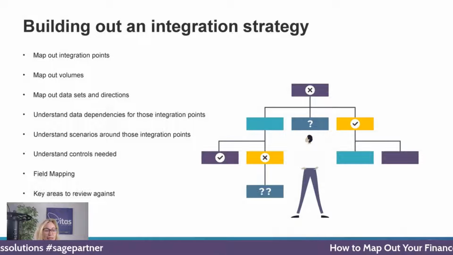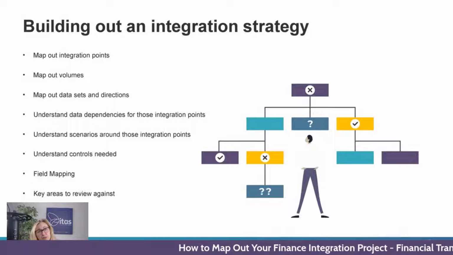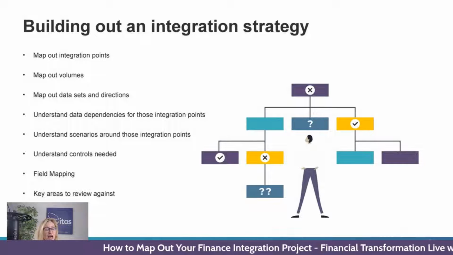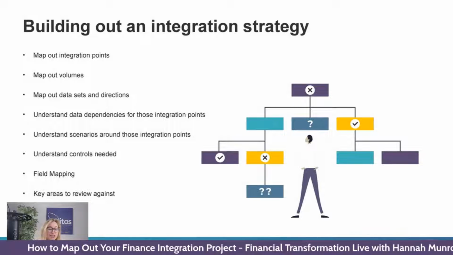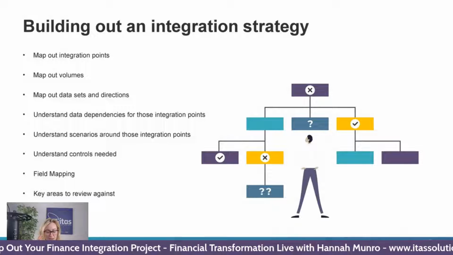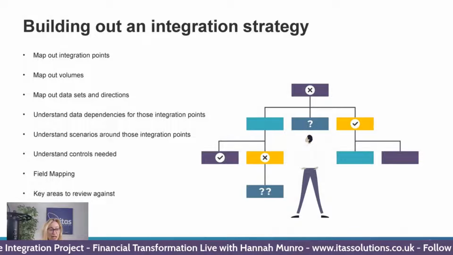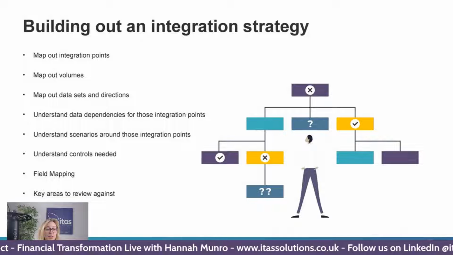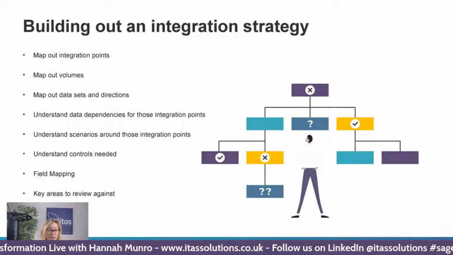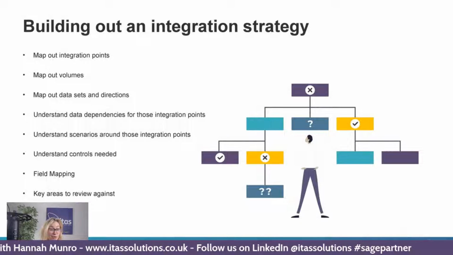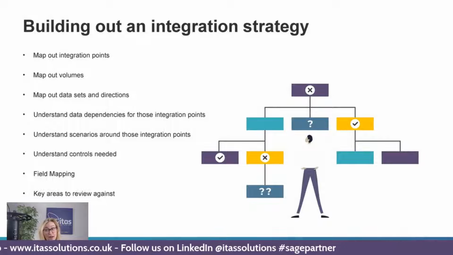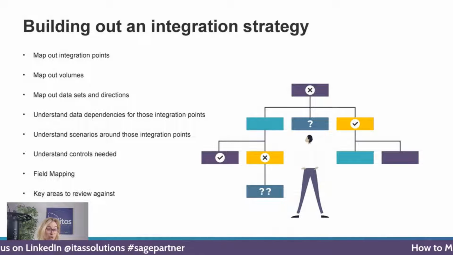So let's talk about this. There are a couple of key points, and I've put my suggested order. Sometimes I'll go out of this order, but firstly, I like to start with an integration map. I like to see the different systems and understand the volumes that sit within each of them, so I can use it to prioritize. If I've got one system where a lot of transactions are going through, I will of course prioritize that.